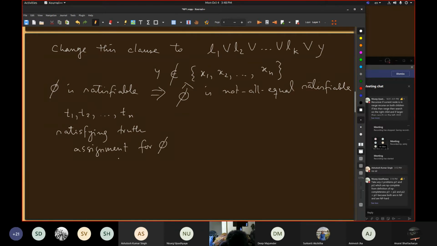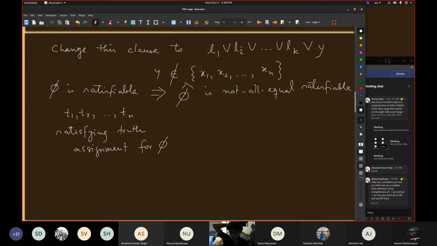What does it mean? Therefore, each clause must evaluate to true. In particular, L1 or L2 or up to Lk must evaluate to true. That means there is at least one literal which is true.